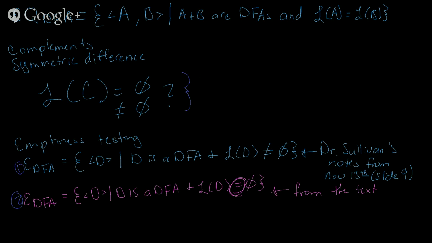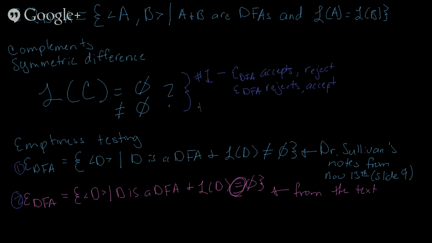So basically it's going to come down to, if you're using number 1, then if your E DFA accepts, you need to reject. And if your E DFA rejects, you need to accept.